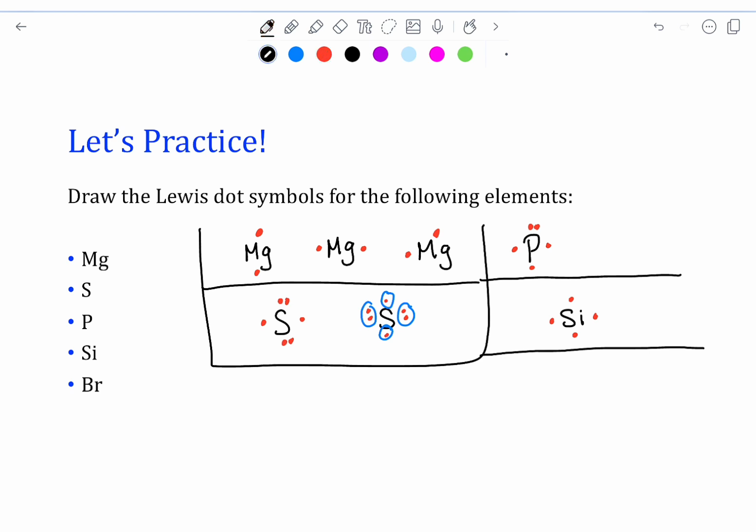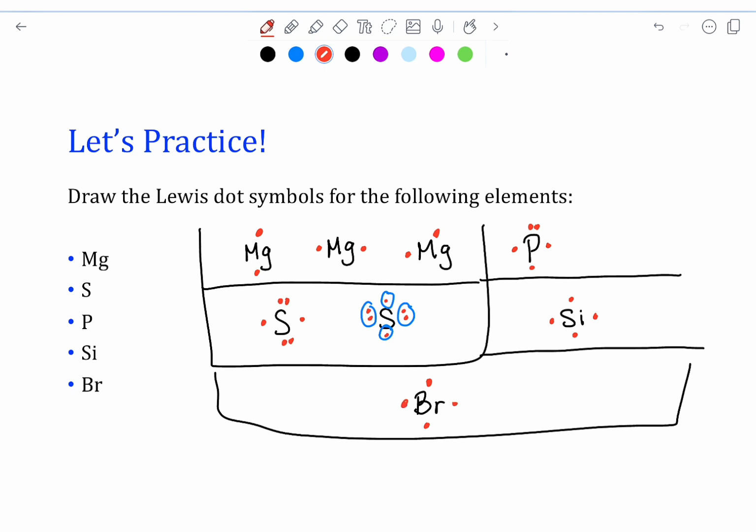Our last example is bromine, Br. Bromine is element number 35 on our periodic table, and it comes from group 7A. So it has 7 valence electrons. So let's start placing those. 1, 2, 3, 4.